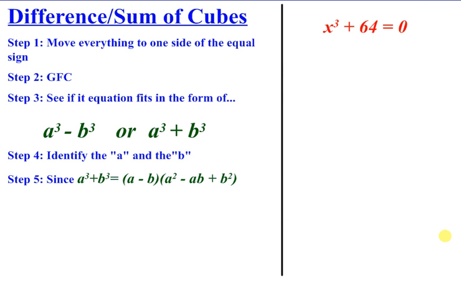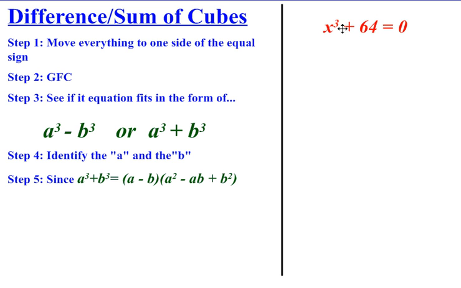Our last example is another cubes, but this is a sum of cubes. So move everything to one side of the equal sign. That's already been done for us. Step 2 is to look for a greatest common factor. Again, we don't have a greatest common factor. So see if the equation fits into the form of a cubed minus b cubed or a cubed plus b cubed.